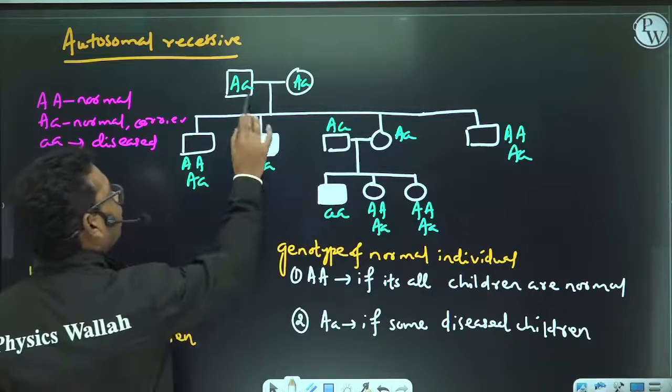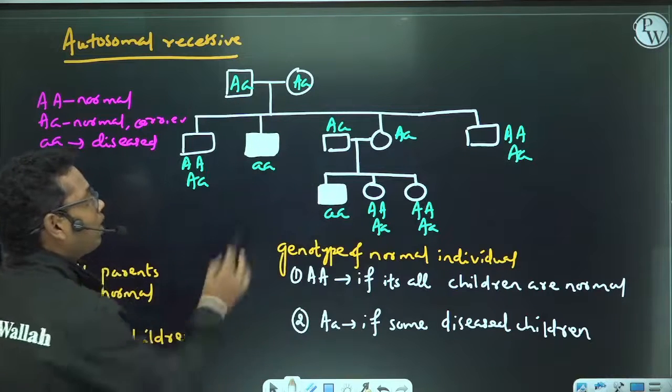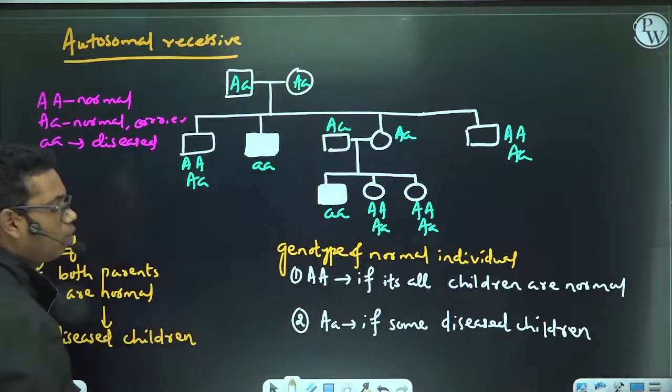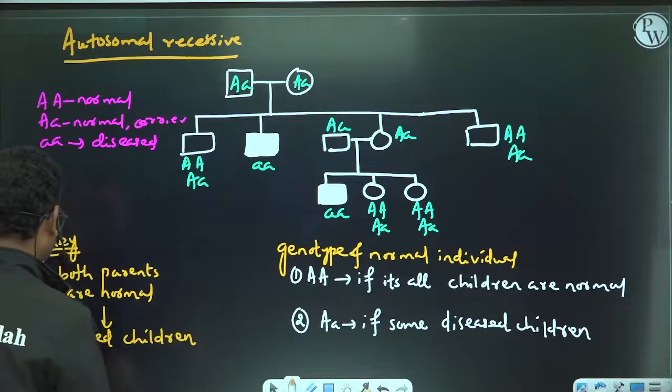See, normal and normal, but it has diseased child. That is why I have taken capital A, small a. Okay. So these are some of the few points.